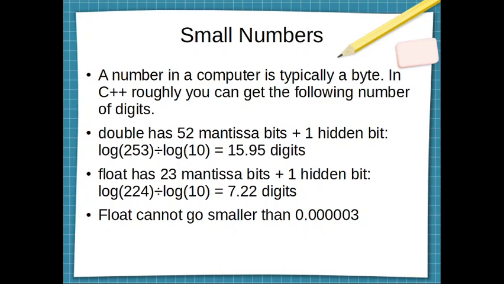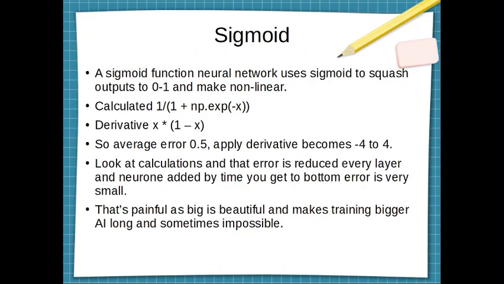So if you wanted to make a really, really big neural network, one way of doing it would be to add more and more memory for every single number it calculates. So it calculates every single number in its neural network to ever smaller floating point levels, and that's one solution.